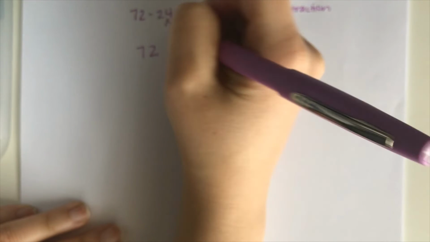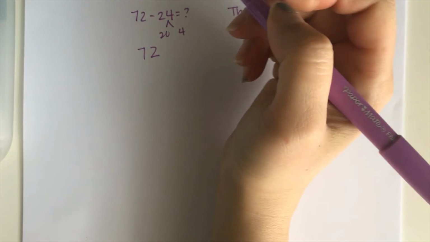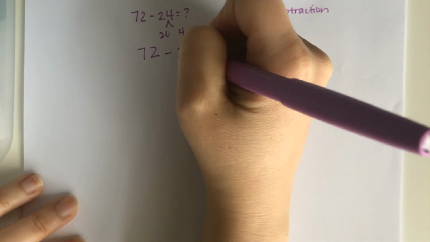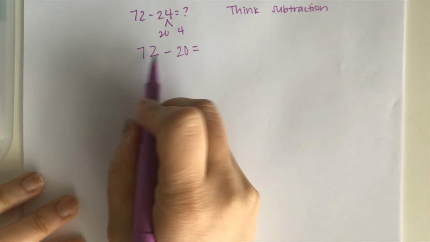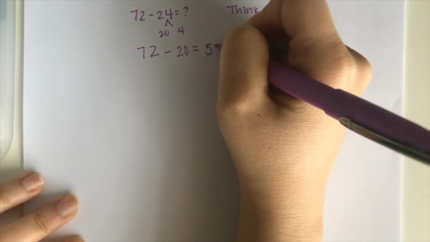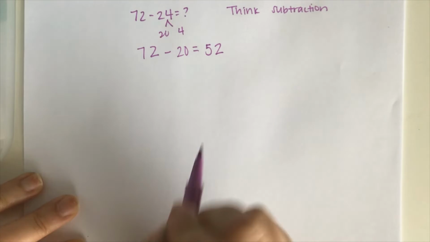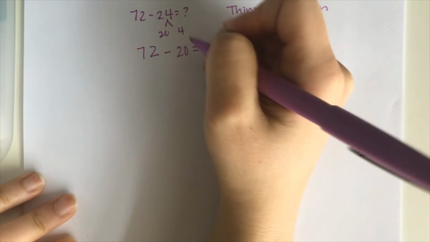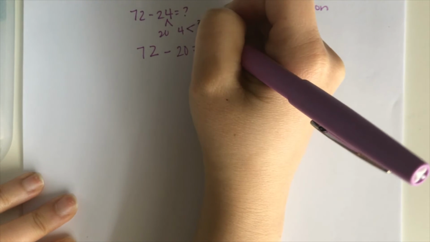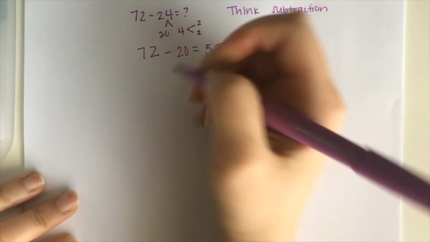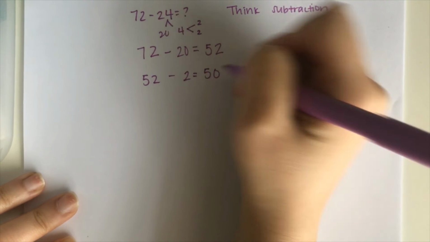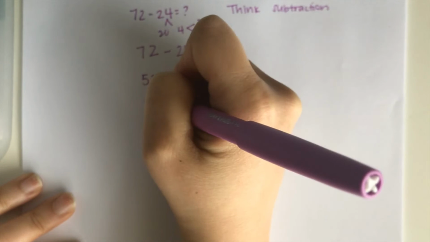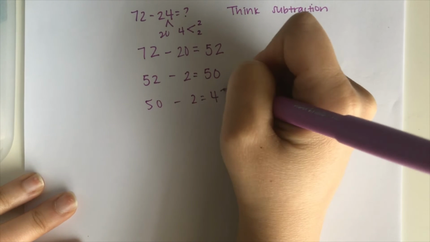So right now I know there's a 20 and there's a 4, so I'm going to take away 20 first. And 7 minus 2 is 5, and 2 minus 0 is 2, so we're at 52 right now. I can actually take away 2 first, so I'm going to take the 52 and take away 2 first, so we're at 50. Now we're going to take away that remaining 2, and we're at 48.